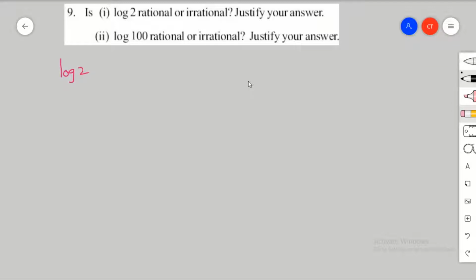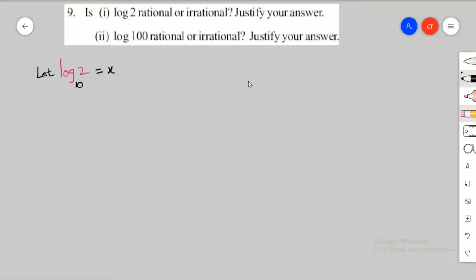We all know that this is a common logarithm and base will be 10. I want to convert this logarithmic form into exponential form. For this, we'll assume that this value is equal to some x.